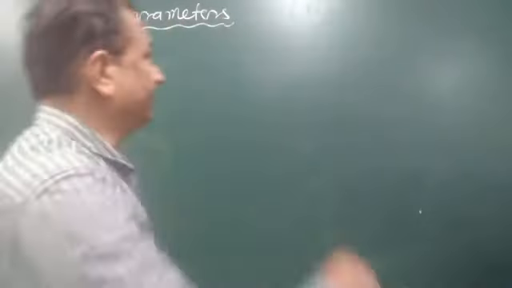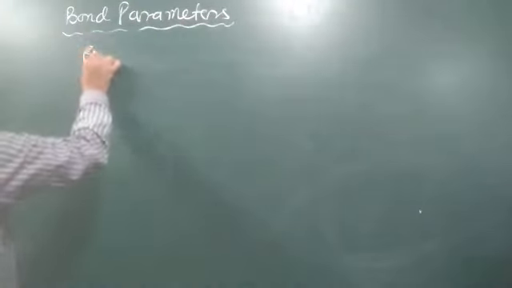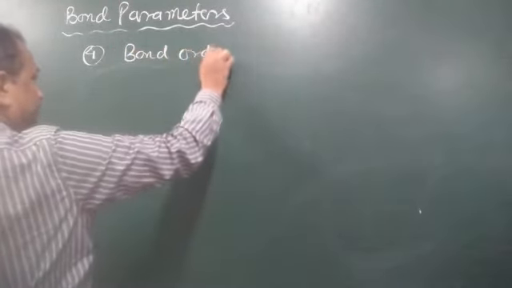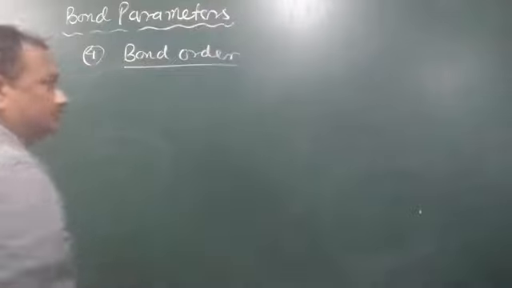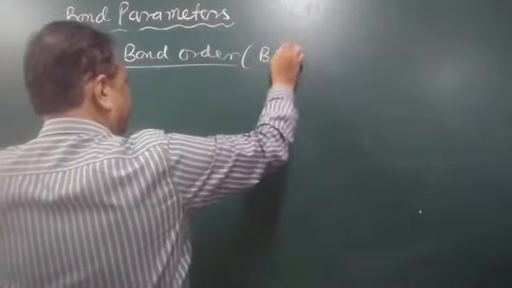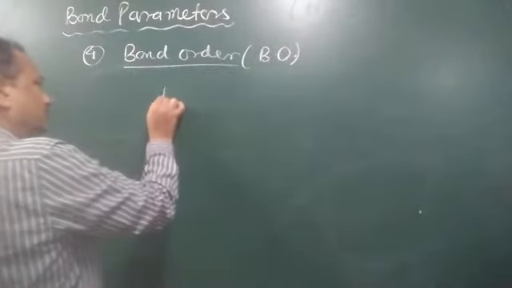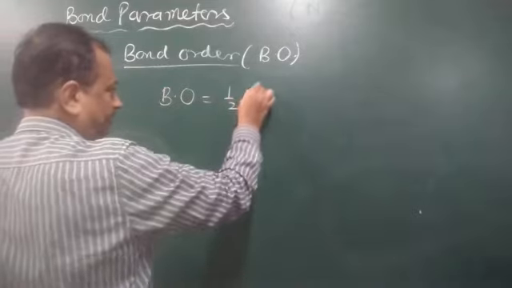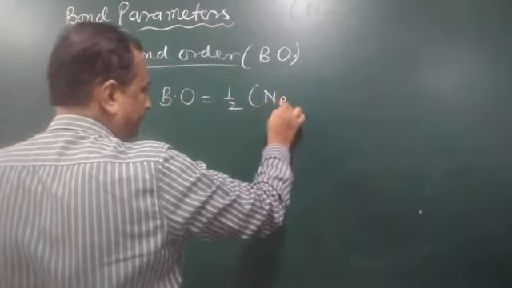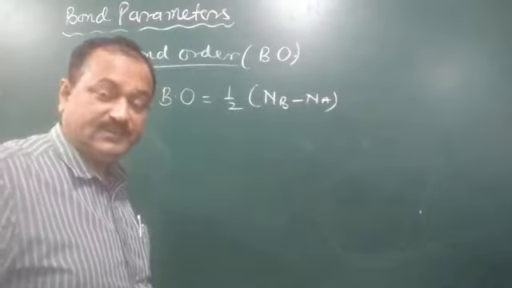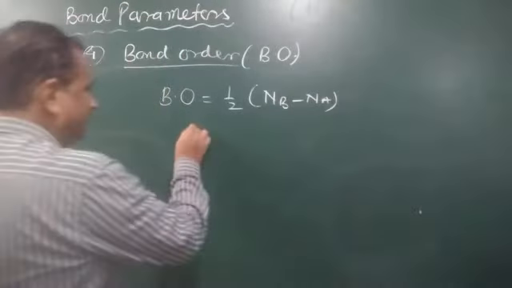Now the next bond parameter is called bond order, simply called BO. Bond order is equal to half of (NB minus NA). What is NB?